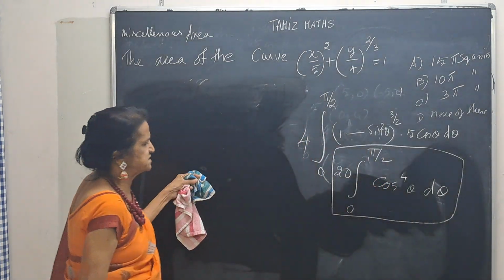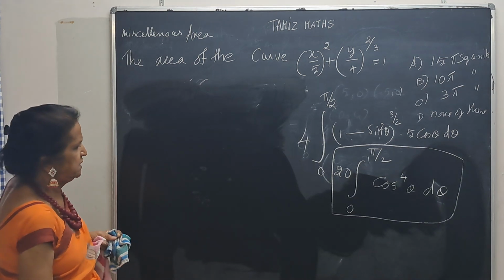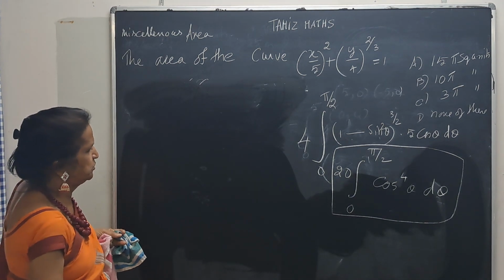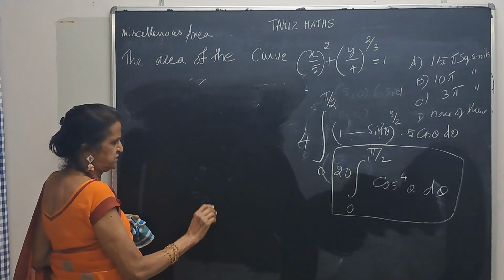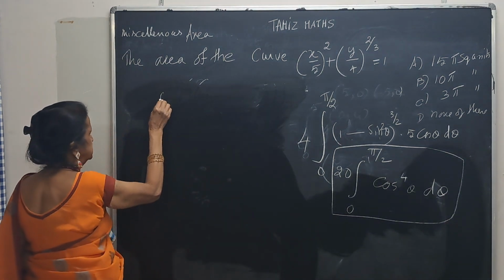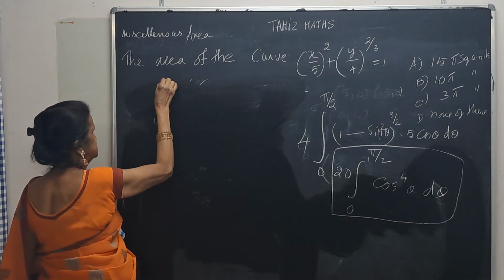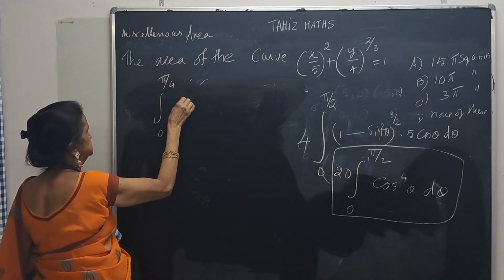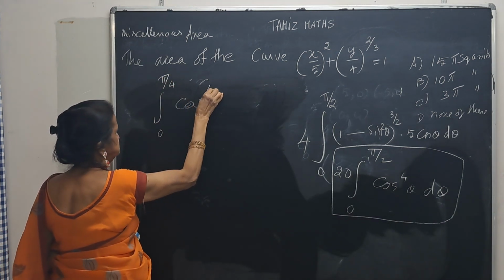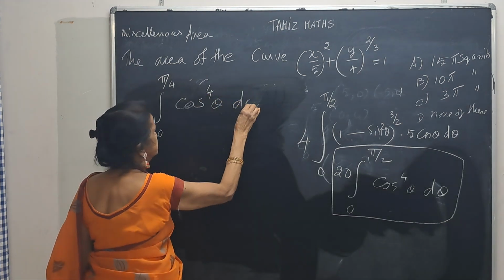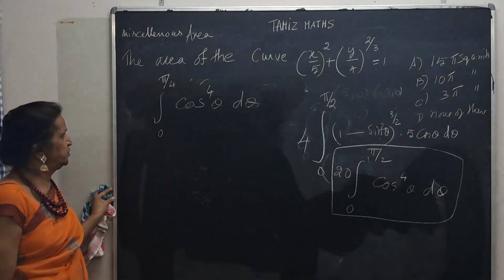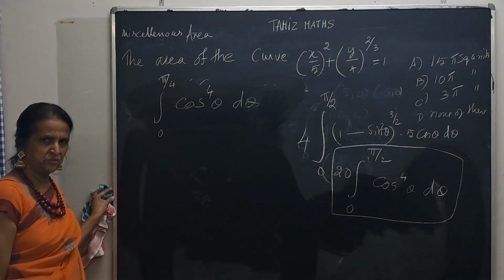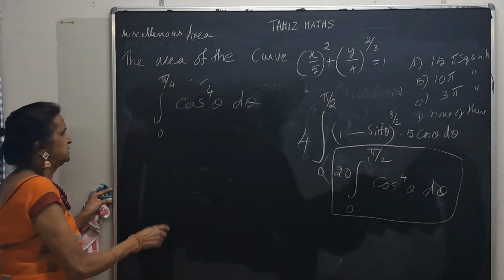Okay, now we will see 20, 0 to pi by 2 cos power 4 theta. Now I will do cos power 4 theta separately. Let us consider the integration of cos power 4 theta d theta.